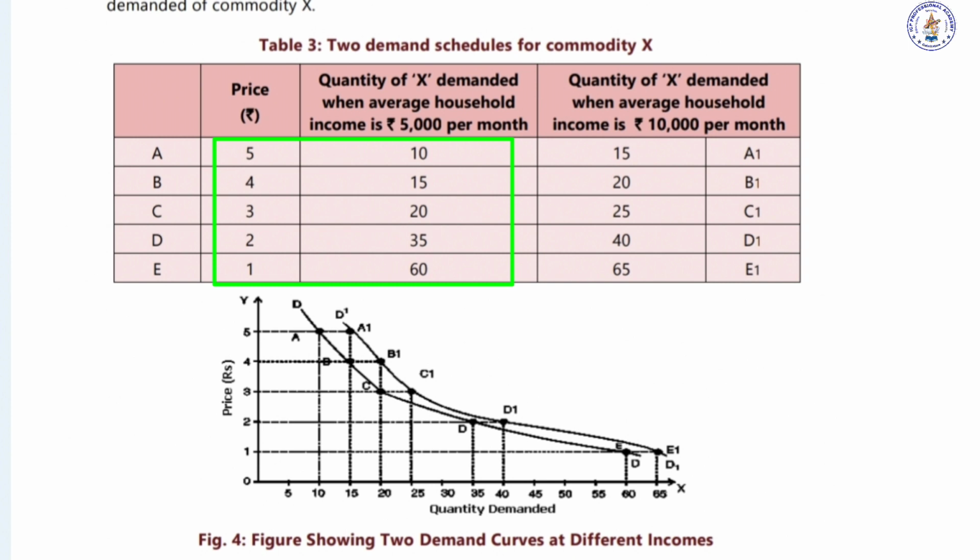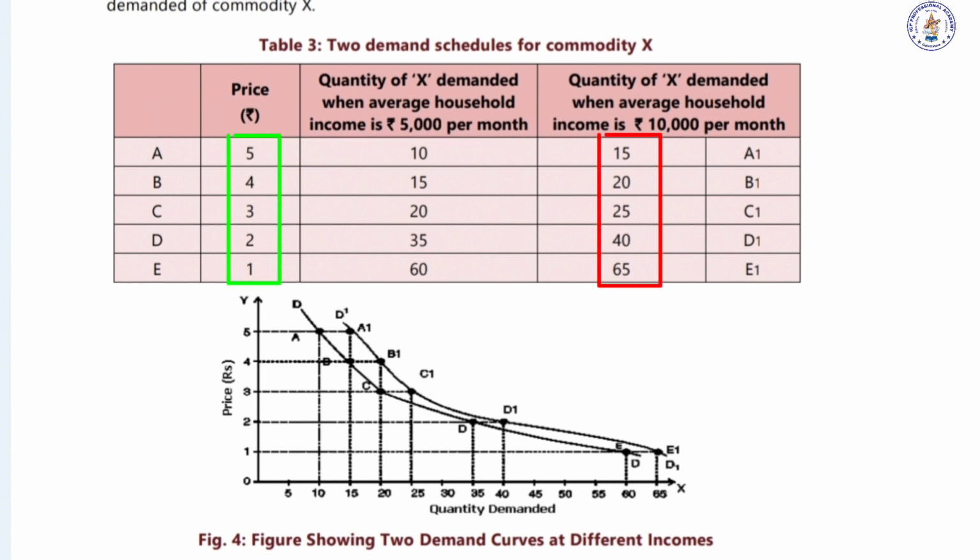When the price goes to 4, he reduces to 15, and when the price moves to 5, he is ready to buy only 10 goods. For this same consumer, he reduces the quantity when the price increases, but his income remains the standard 5,000. Now what would happen if his income is increased a little bit?